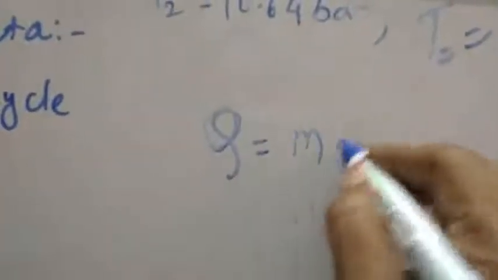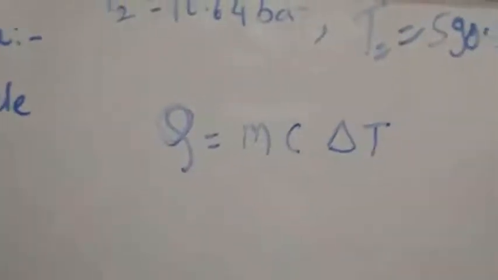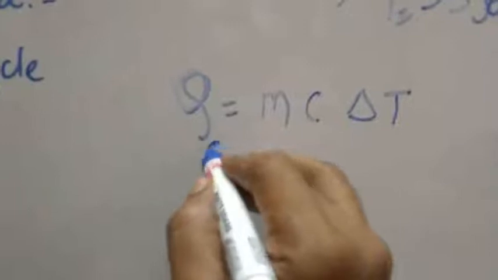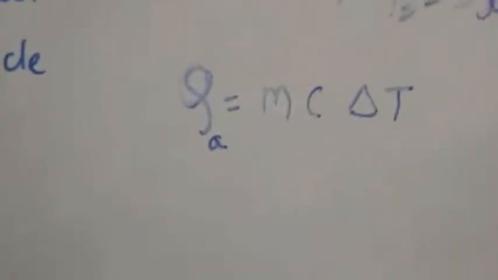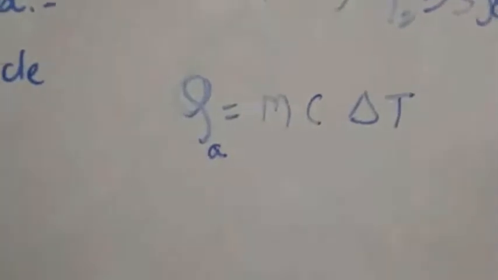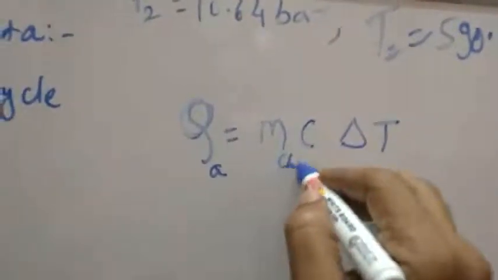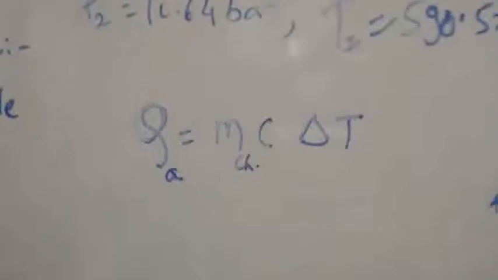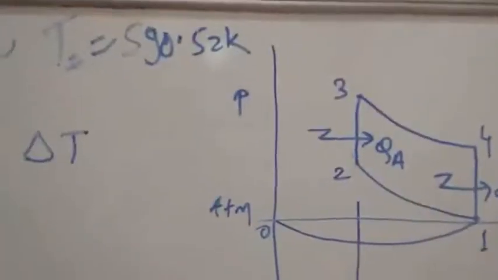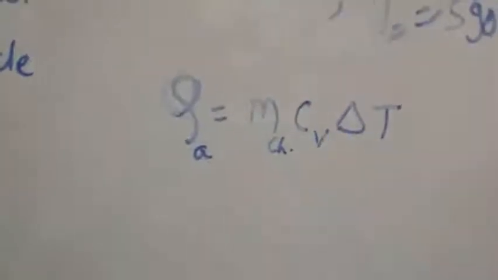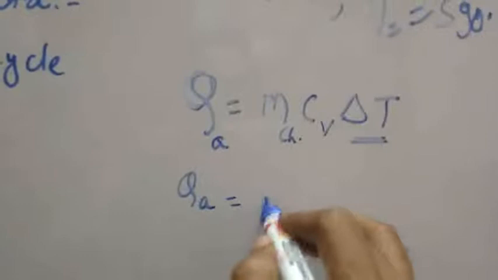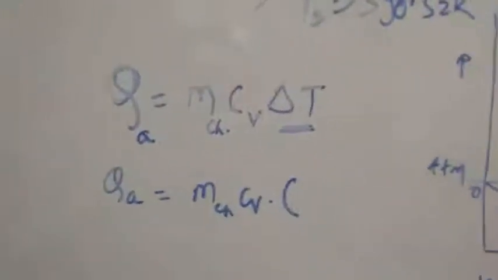It is MC delta T. Since it is the heat added, I'll write it as QA. M is the mass of charge, because here the charge, air plus fuel, is getting burned, so I'll write it as MCH. Since the heat is added at constant volume, I'll write MCV delta T. So QA is MCH CV into delta T. What will the delta T be in this case?